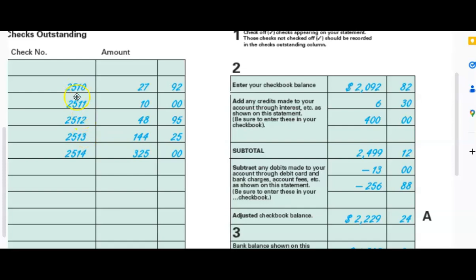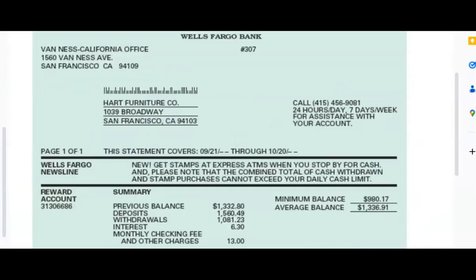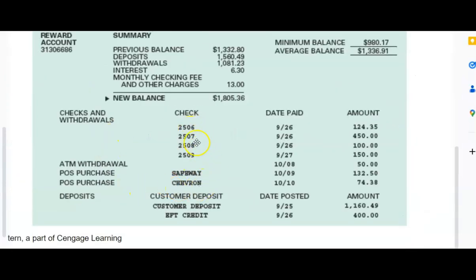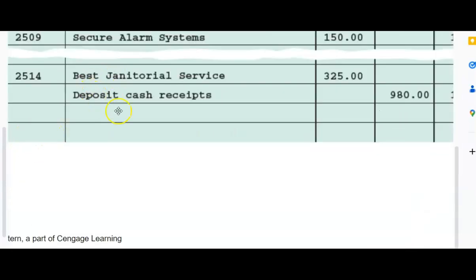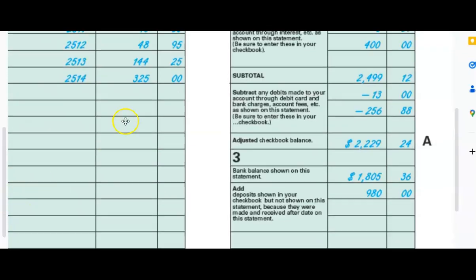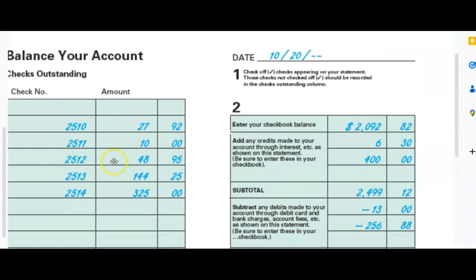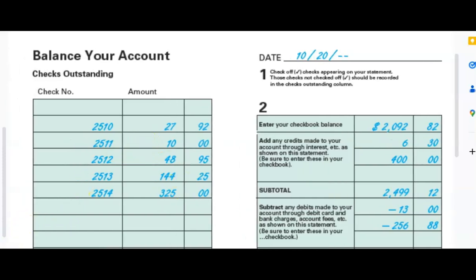If there were any other checks that weren't listed on the statement but were listed in our check register, you would write them in the checks outstanding column, which is this section here on the left. Outstanding checks are checks that you wrote and recorded in your checkbook register, but they haven't yet been paid by the bank.